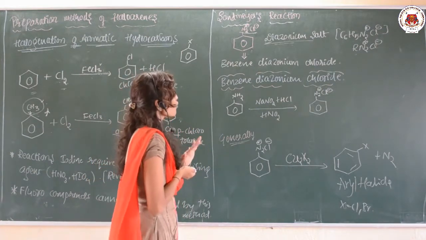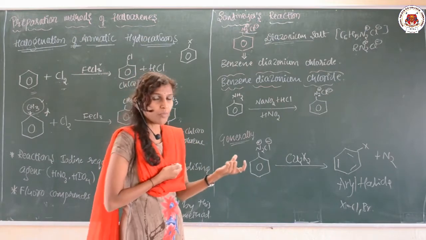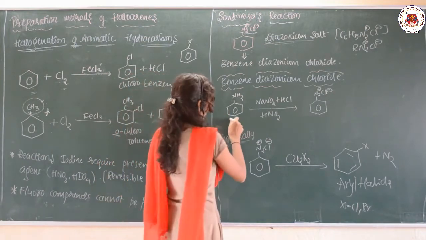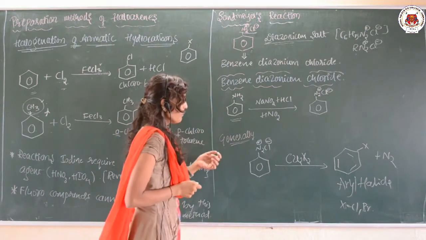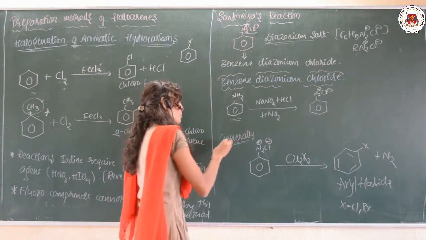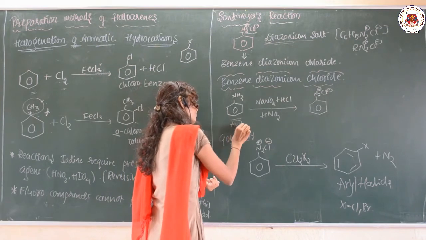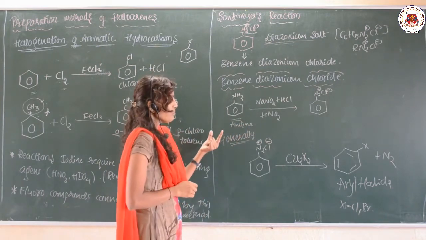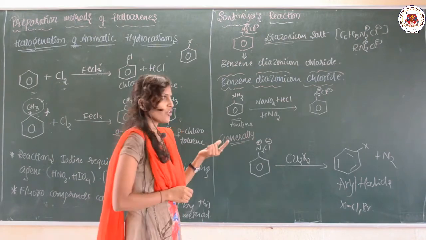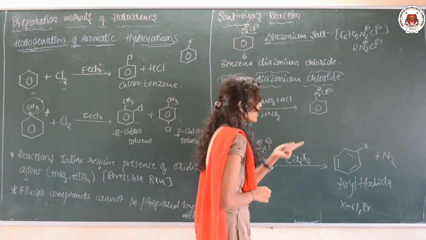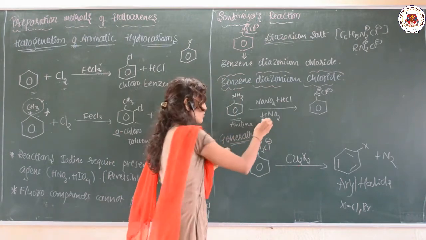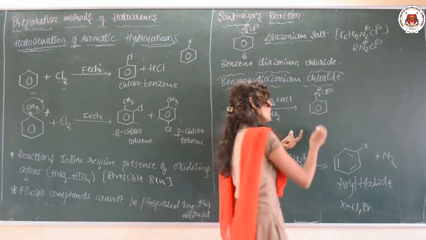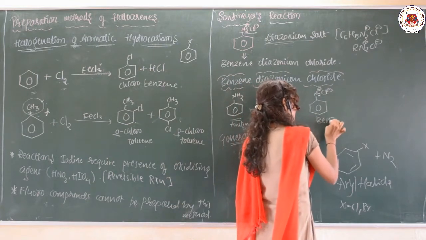First of all, you need to know how the benzene diazonium salt itself is prepared. So let me go for that one. Here the name of this compound is aniline. When aniline is treated with a mixture of NaNO2 and HCl, which readily forms HNO2, it gives the benzene diazonium salt.